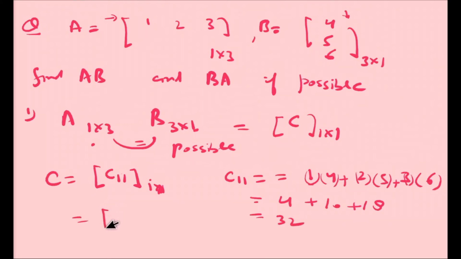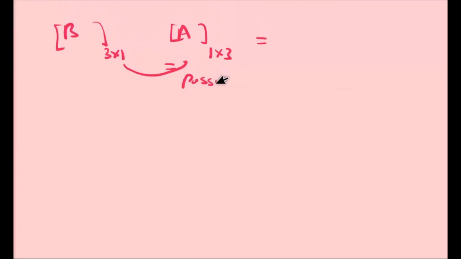So the answer is 32 of order 1 into 1. Now we check BA. Is BA possible? B is of order 3 into 1 and A is of order 1 into 3. Now this is equal, so it is possible, and the resultant will be C of order 3 into 3.